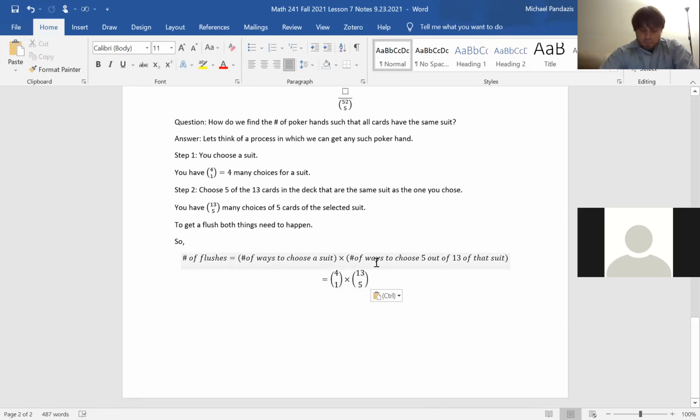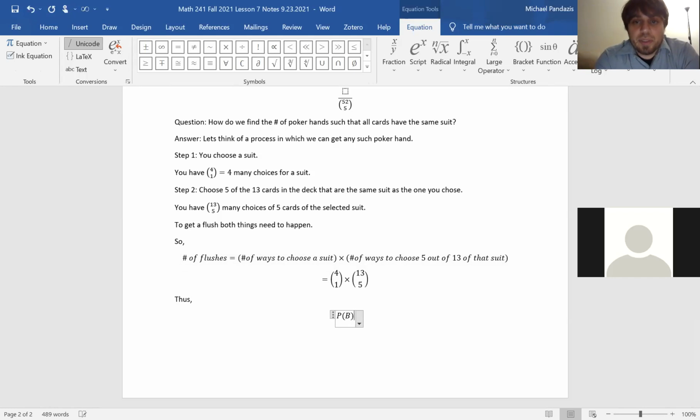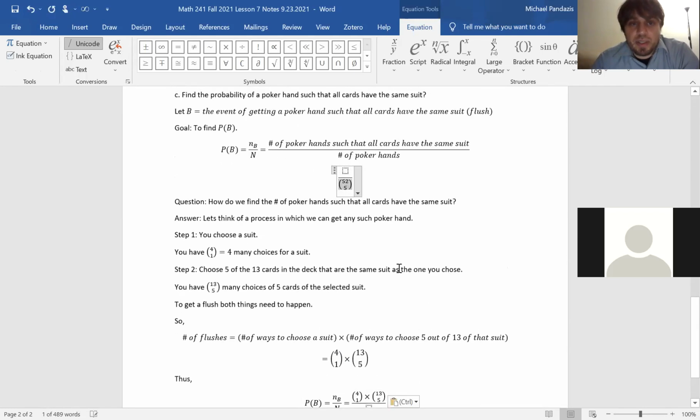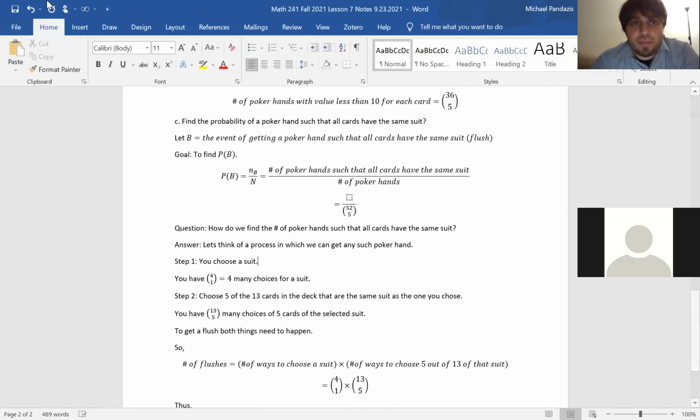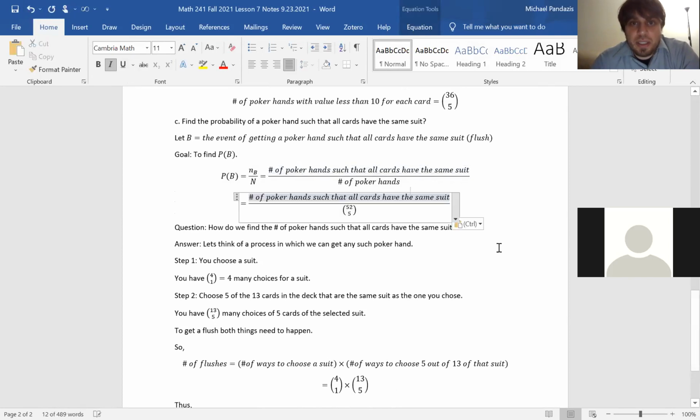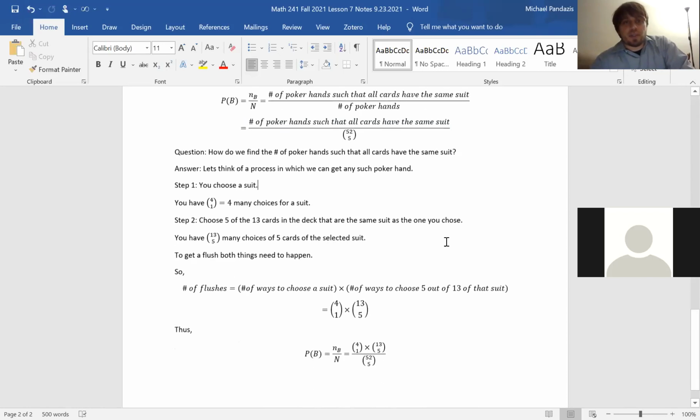So the probability of our event B, which is n sub B over capital N, is equal to the number of flushes, 4C1 times 13C5, divided by the number of poker hands, 52C5. This was the unknown at that point, and that was the goal.